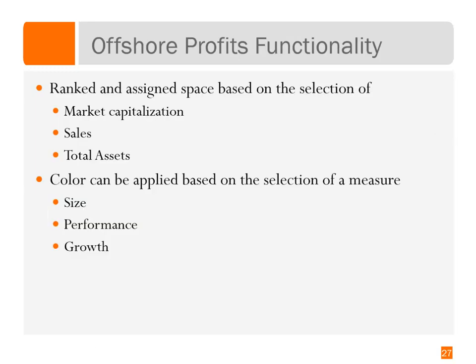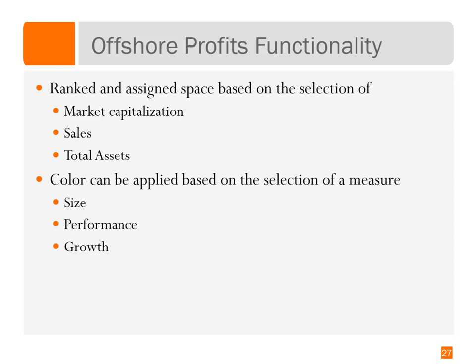Now, a little bit about how this visualization was encoded. It's ranked and assigned space based on the selection of market capitalization, or sales, also known as revenue, or total assets. So those are some of the choices for assigning space.